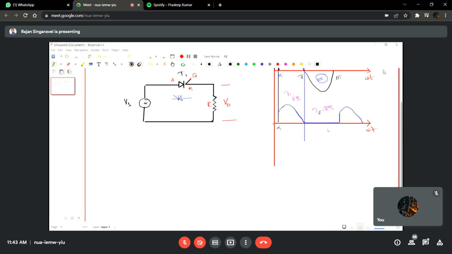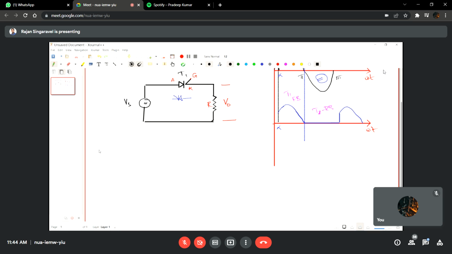So the thing we have to understand is the average should be taken for the whole cycle, right? And it means that it should be taken for the period of 2 pi, and the waveform is available only from alpha to pi.